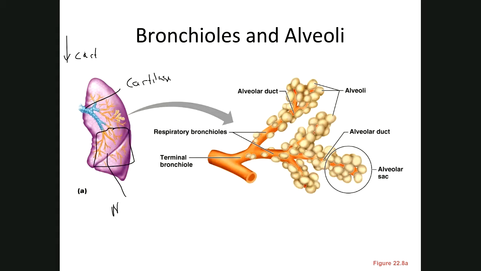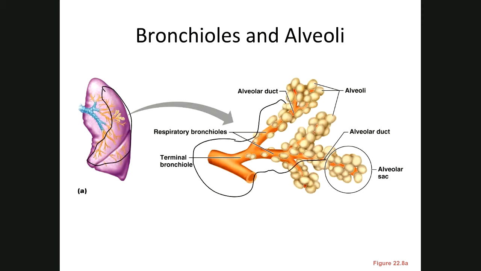When you get to that point, we don't call them bronchi anymore. Now they're called bronchioles. So all of these are bronchioles. Bronchioles look like this. They're still pipes, still tubes, but they don't have any cartilage around them. What they do have around them is smooth muscle.